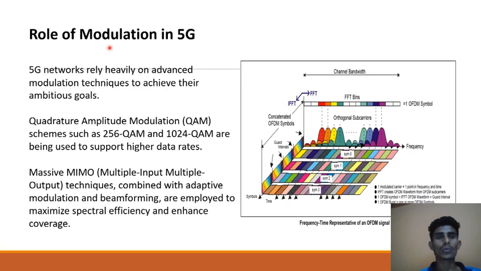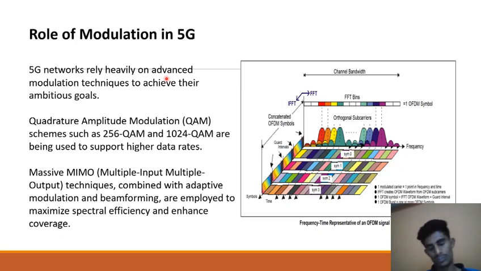Here, coming to the role of modulation in 5G. 5G is a highly efficient network we are using nowadays. We know that 10 Mbps is a standard speed of the internet, and in 5G we have much higher levels.